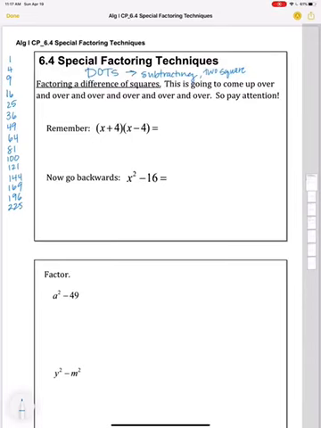These are your perfect squares that we've talked about. So it means you're subtracting two of those from each other.